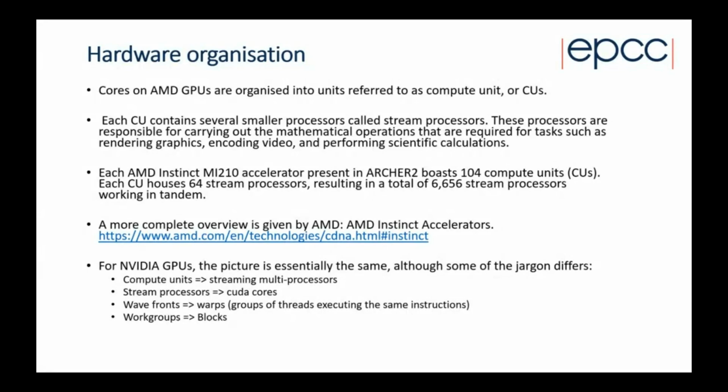Now compare this to your ARCHER2 CPU node, where you have 128 processors. So you get a huge factor in the amount of work that could be done simultaneously. I've provided a link here for a more detailed overview of the particular GPU.